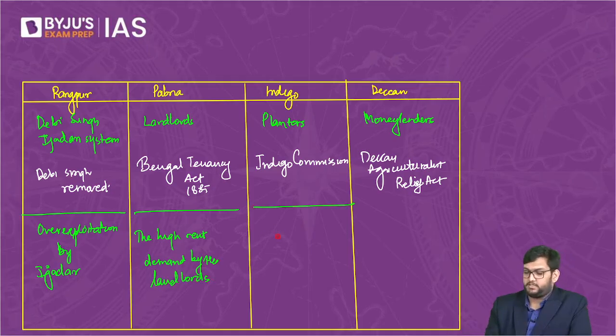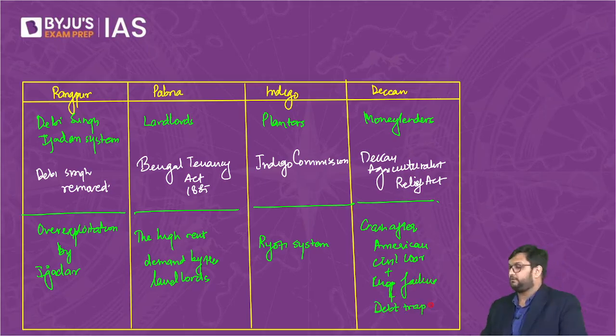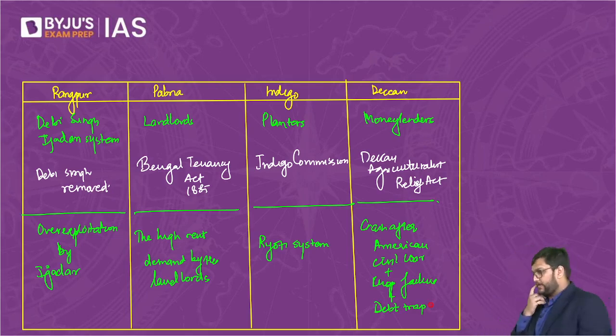Indigo is the Rayati system, and this is the crash after the American Civil War plus crop failure plus debt trap. Any issue to anyone generally? No? Okay.